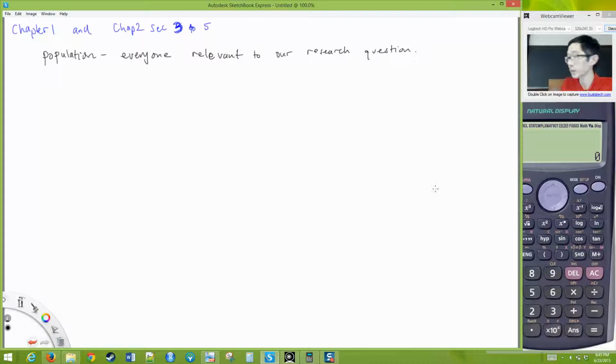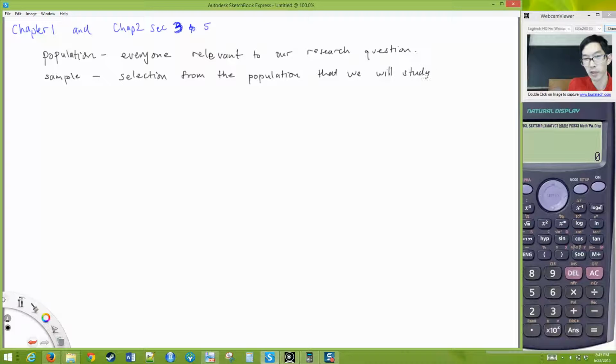And a sample, what is a sample? Yeah, it's a selection from the population that we will study. Ideally our sample is representative of the population.